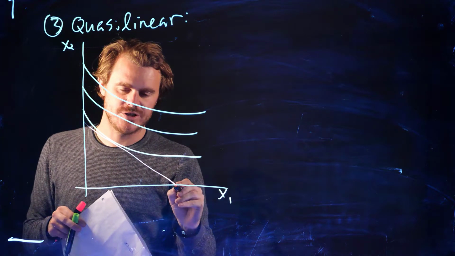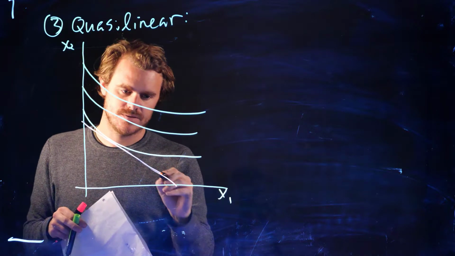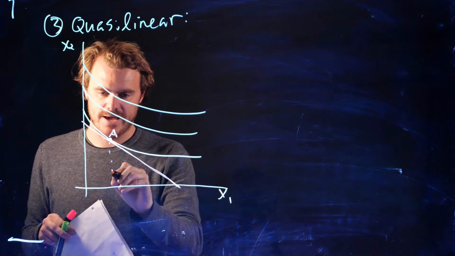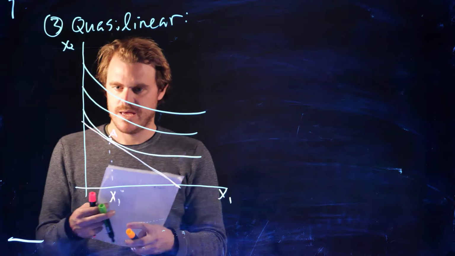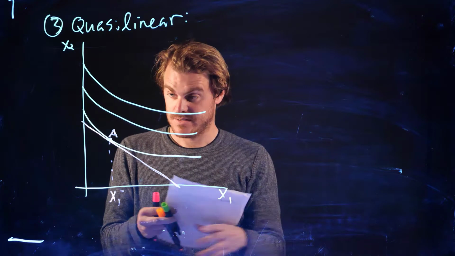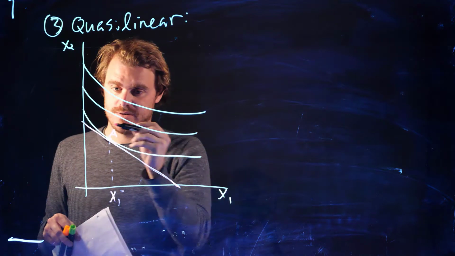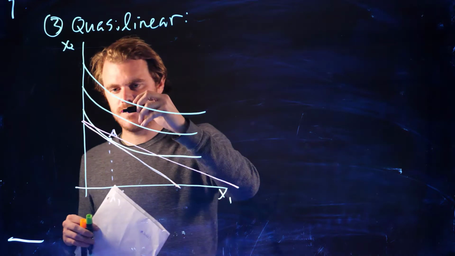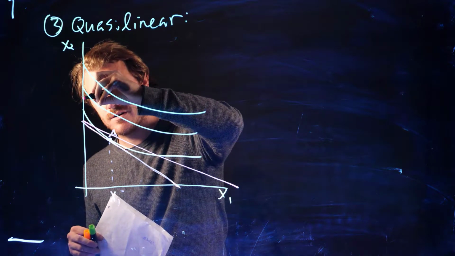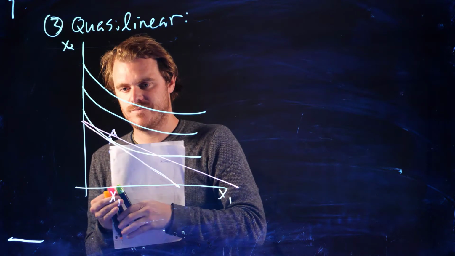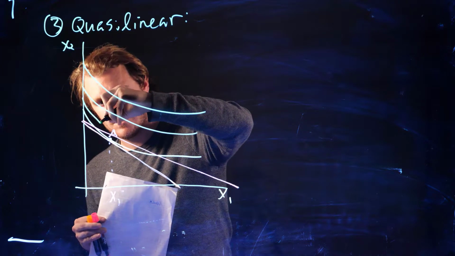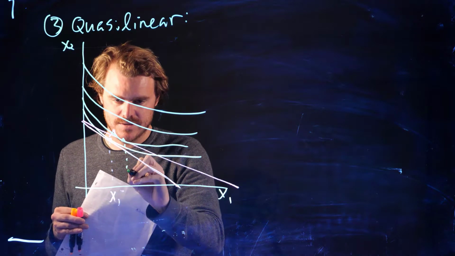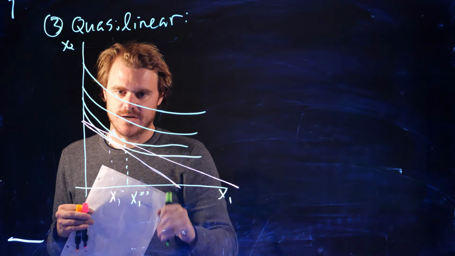So let's imagine that this is our original budget constraint. And so we're going to consume at point A. And then what's happening is that we're decreasing the price of good 1. So it shifts out like that. So there's going to be another indifference curve, a parallel one above it. X1 star star.